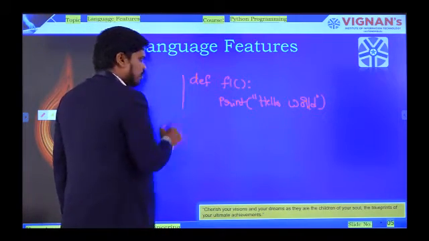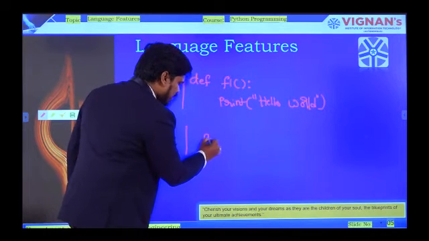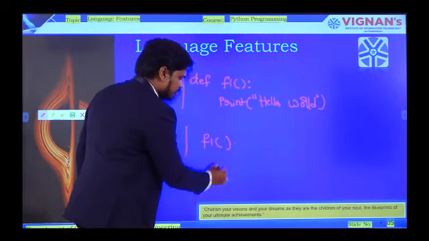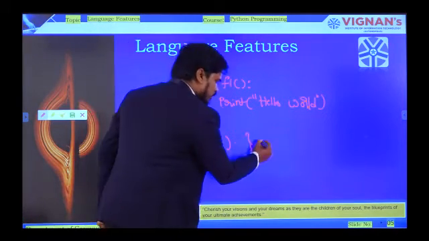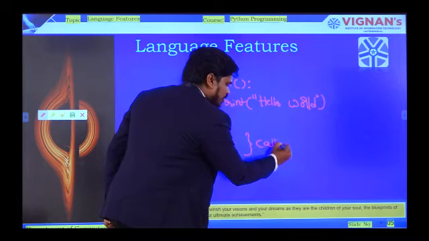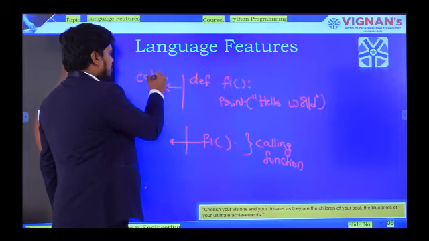So this is one block and I have to call this function, isn't it? So calling will be done here, f1. From here, this part is known as the calling function, and this part is known as the called function.